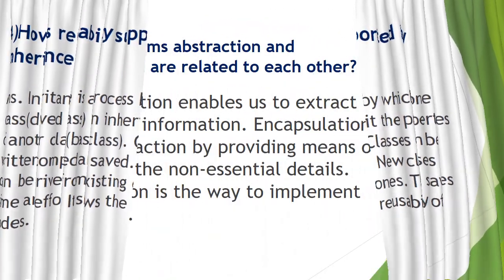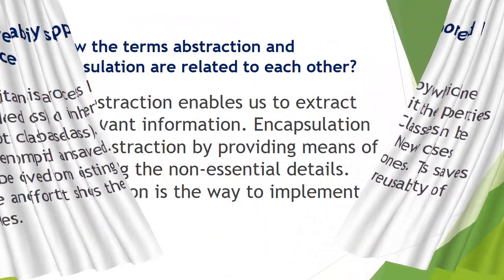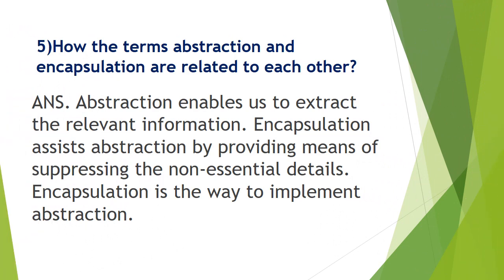Next question. How are abstraction and encapsulation related to each other? Abstraction means to extract the relevant information. And you know that in encapsulation, all the data is hidden and safe. So encapsulation assists abstraction by providing a means of suppressing the non-essential details.